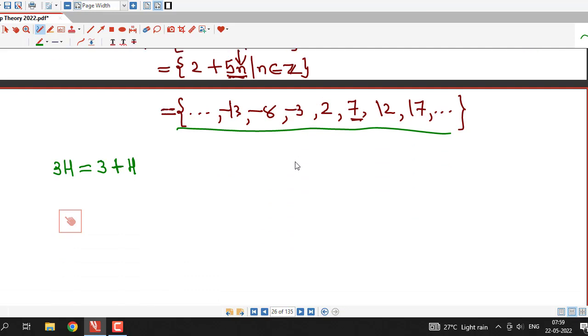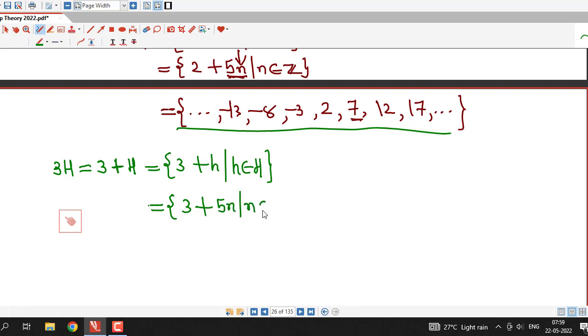So we have to use the definition again to obtain this left coset also. So by definition 3 plus h, where h is a member of the subgroup, and this is 3 plus elements of H are multiples of 5, that is 5n, n belongs to Z, and again we write for particular values of n.